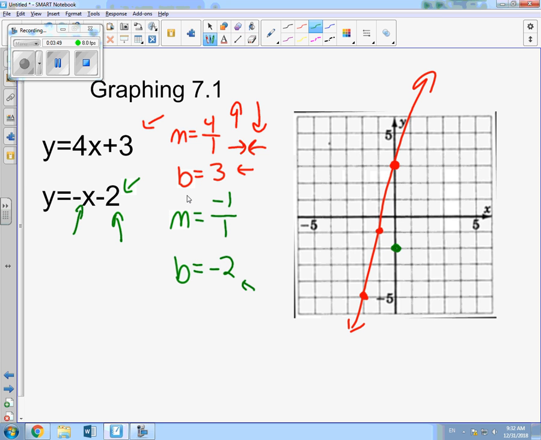Some of you probably already see what I'm going to hit, but let's just keep going. So negative 1 and positive 1, that tells me rise over run, and we'll just write this on the side. Rise over run, don't forget that. The rise is negative 1. Since the rise is negative, we're going to go down instead. And the run is still positive though.